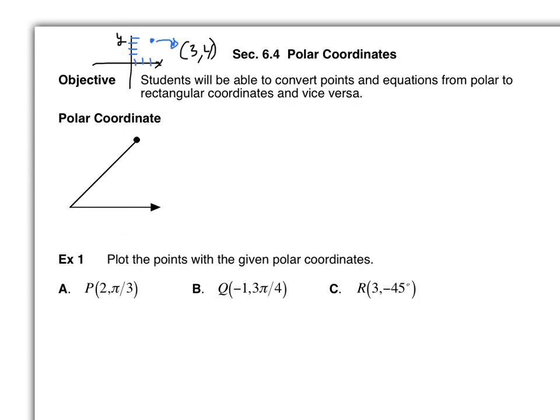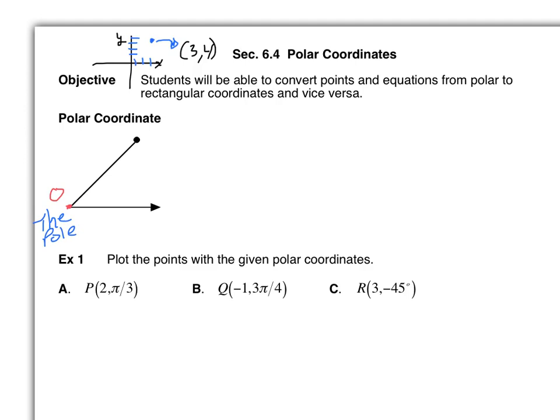So as you look at this right here, let's talk about the parts of a polar coordinate grid system. And so this point here, we're going to call O. It's not really 0, it's O. And that O is the pole. The pole is what you used to know as 0, 0, the origin.